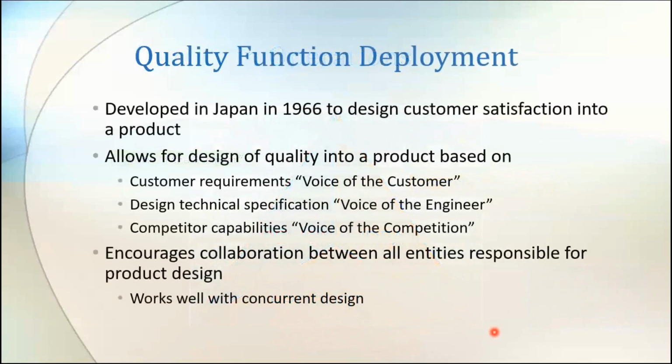So quality function deployment. This is a tool that was developed in 1966 in Japan to address what they viewed as an increasingly complex design. As we began to create more and more complex things like computers and faster cars and very complicated airplanes, they began to realize that it was becoming very complex for the current tools that they had.